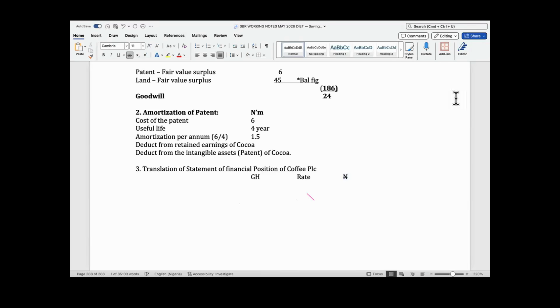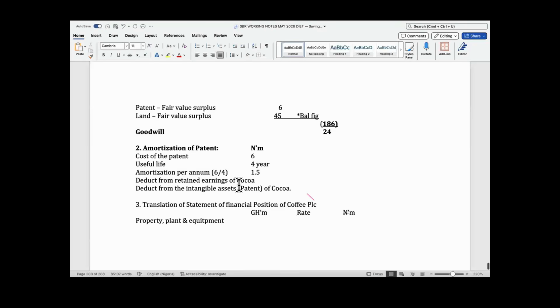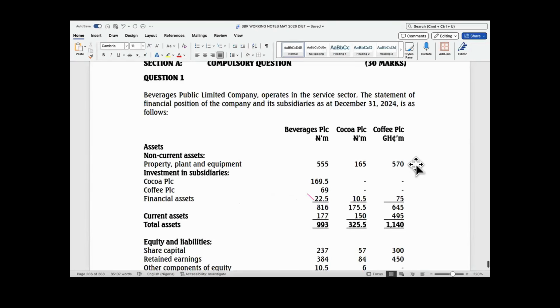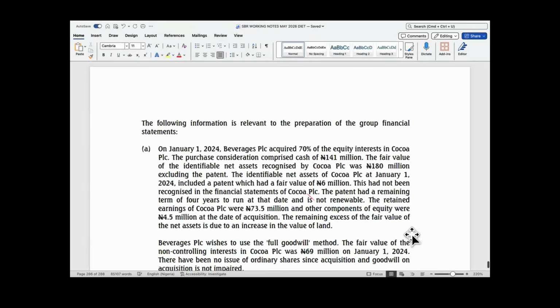So what are the items I'm translating? I'm translating property, plant, and equipment. How much was it in Ghana cedis? Just put millions so that the examiner will know that I know what I'm doing. What are the figures? PPE is 570, financial assets 75, current assets 495.